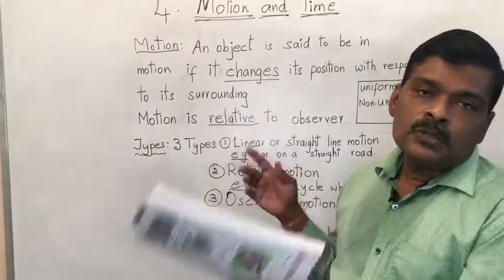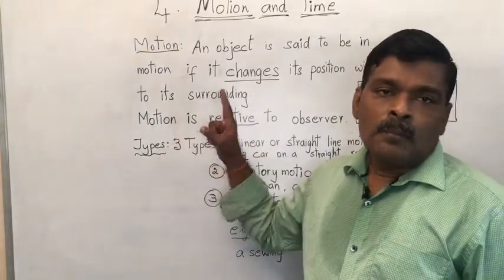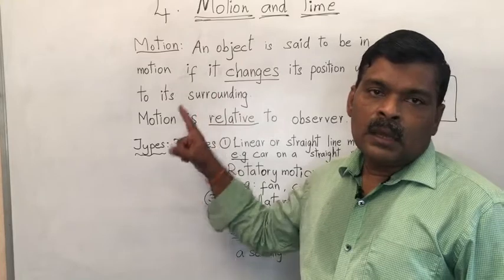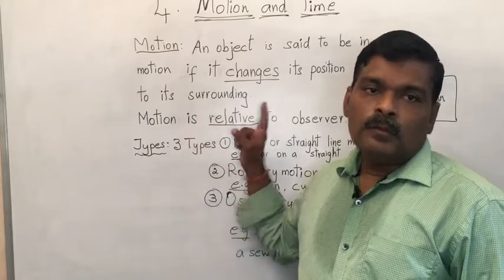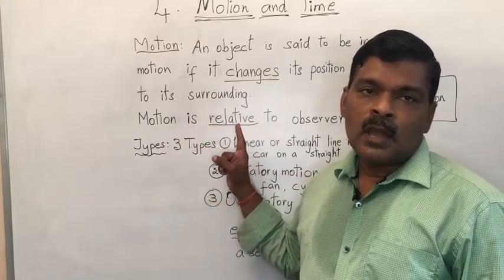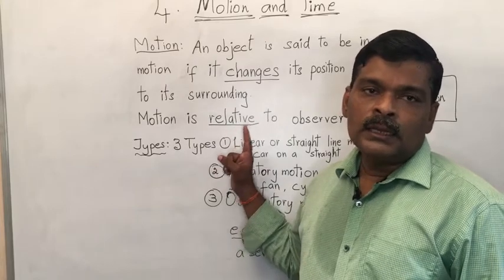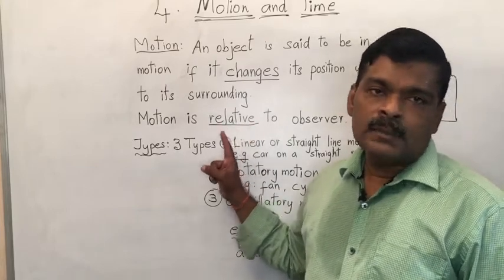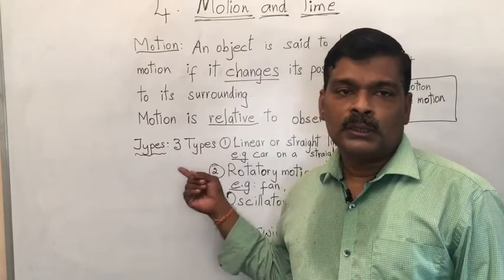So these two things: for the driver the car is at rest, but for the pedestrian who is standing outside on the road, that observer, the same situation is in motion. Why?